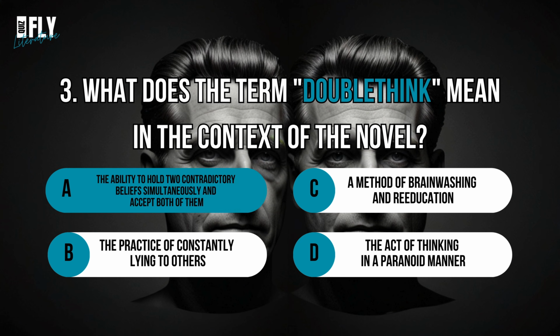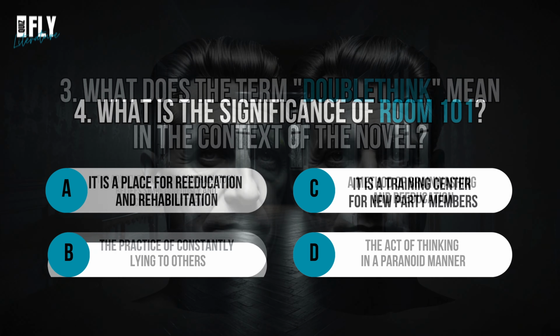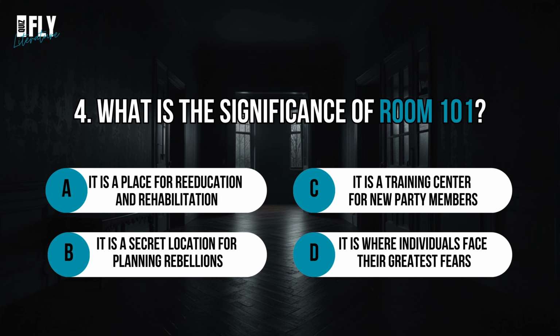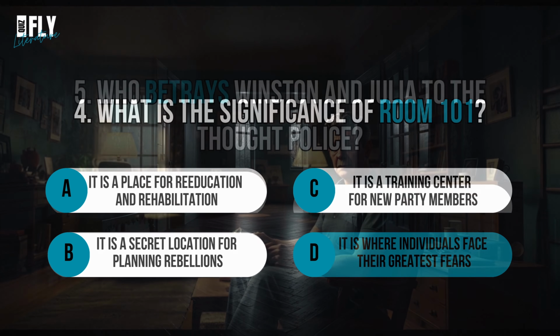The ability to hold two contradictory beliefs simultaneously and accept both of them. What is the significance of Room 101? It is where individuals face their greatest fears.